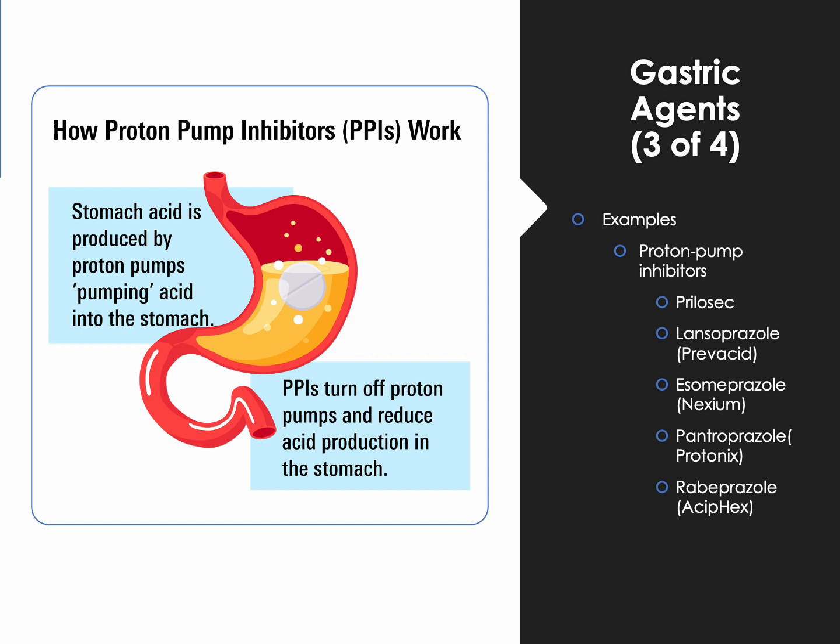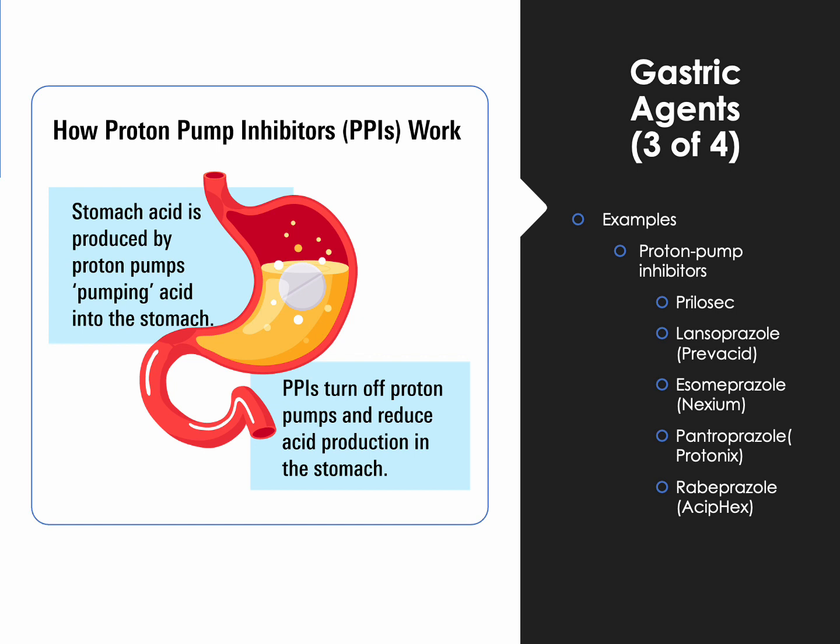So PPIs are unique in that they are not converted to active drugs in the liver, but in those parietal cell canaliculi, which are these little canals into which the hydrochloric acid is secreted. So these drugs prevent that final step of gastric acid production by interfering with hydrogen and potassium ion exchange in this special potassium hydrogen pump, the proton pump. And these are located on the surface of the parietal cells.